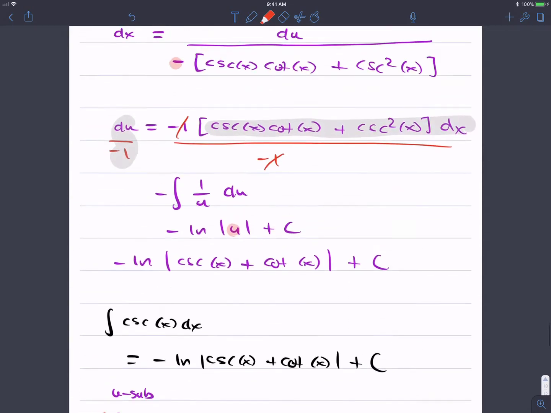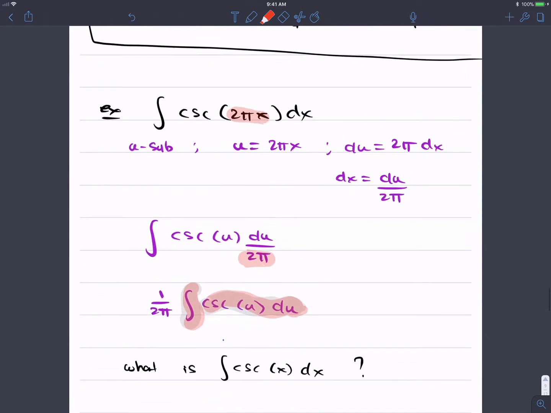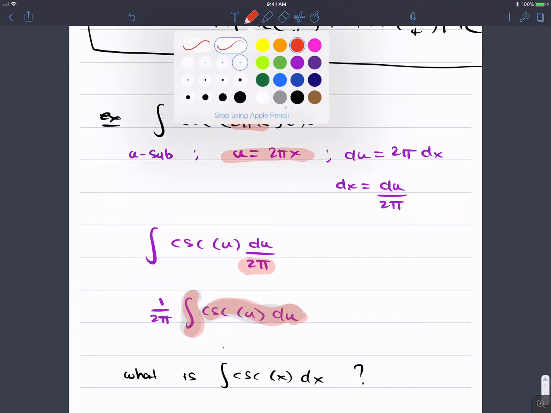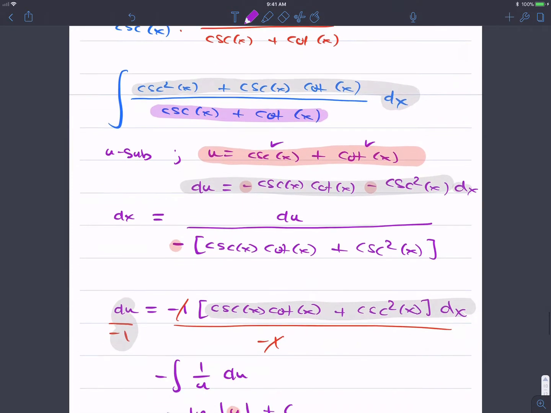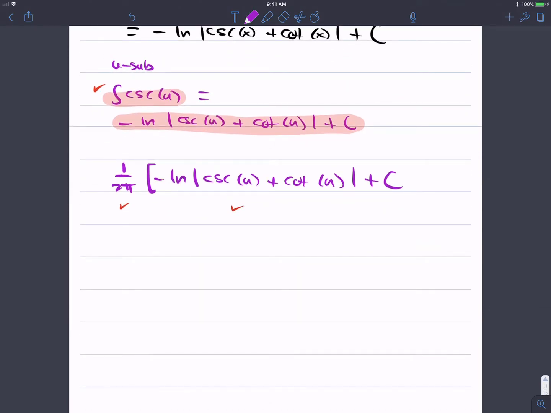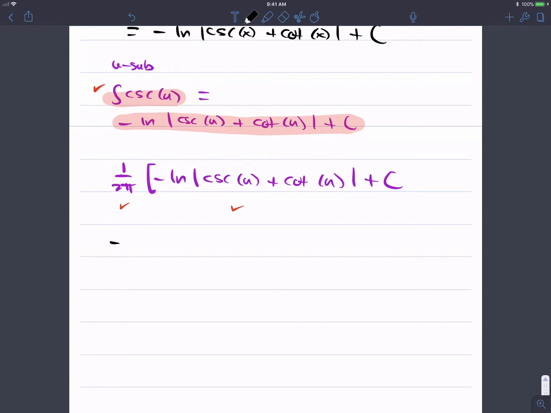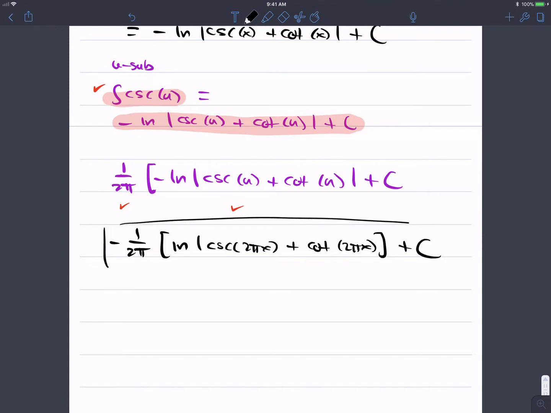If we start from the beginning, our original u is right here. It is 2 pi x. This is what our final answer will look like with that 2 pi x for u. I'm going to factor out that negative sign, so it's negative 1 over 2 pi natural log, absolute value, cosecant 2 pi x plus cotangent 2 pi x, plus my constant c. There you go.